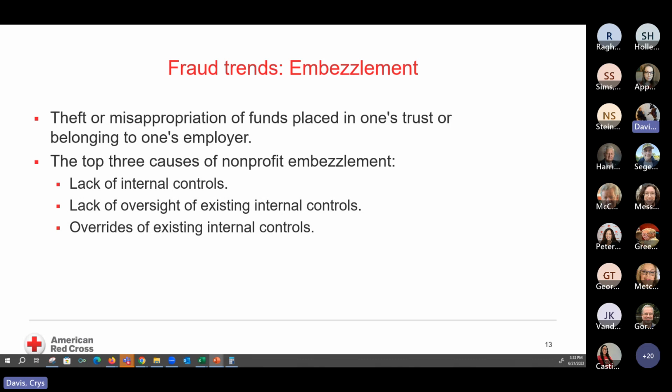It's not just, yes, we've got to keep everything straight from an audit perspective, but also these are big risks. And we don't want anybody to wind up kind of in the middle of these risks because that's an unpleasant place to be. Any questions about embezzlement?